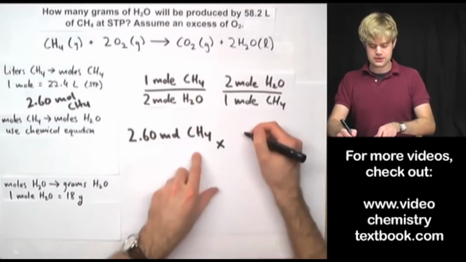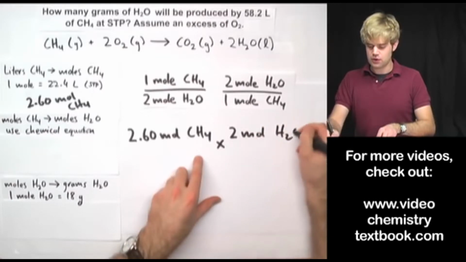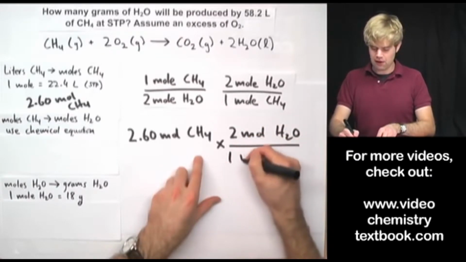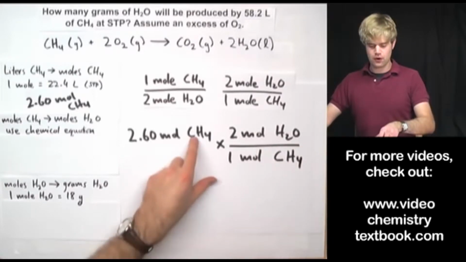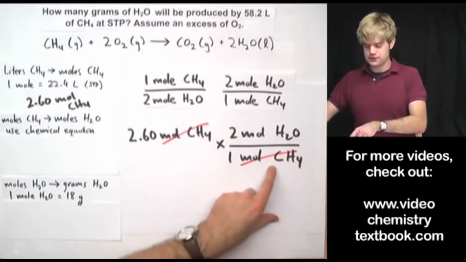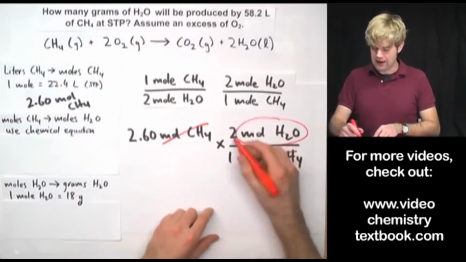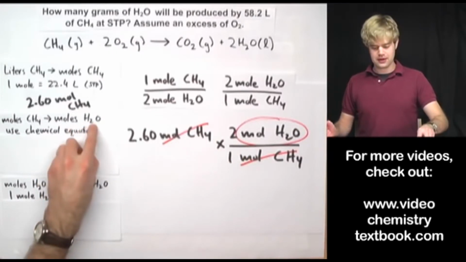So I'm going to do this times 2 moles of H2O divided by 1 mole of CH4. Moles of CH4 up here cancel out with the moles of CH4 down here, and I'm left with moles of water, which is exactly what I want for my answer.